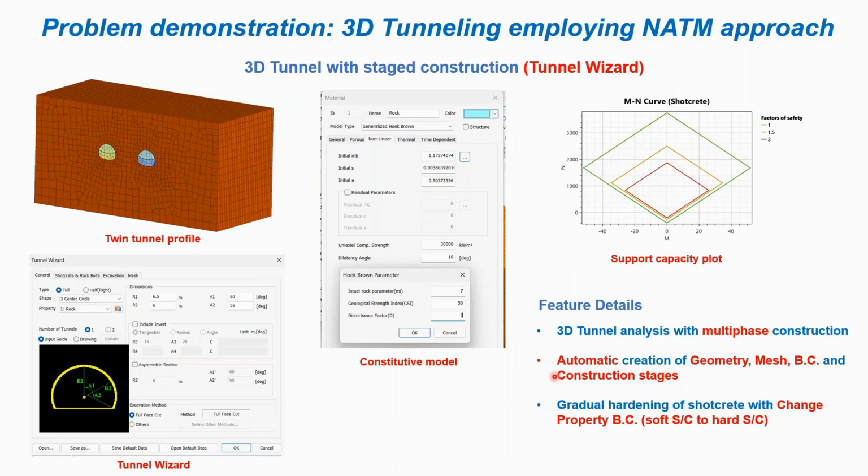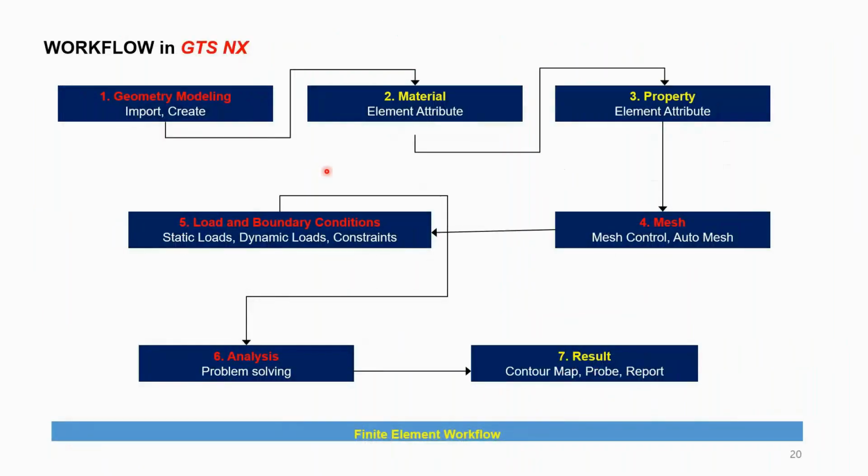So this is the general workflow of modeling in MIDAS GTS NX. Generally, we need to start with the geometric modeling, where either we can import the geometry created in any CAD-based software or create the geometry in GTS NX.